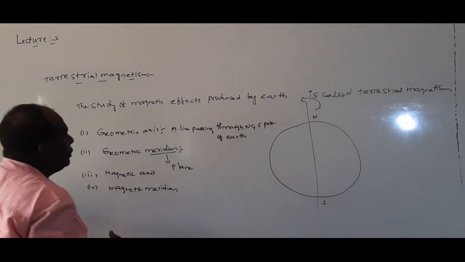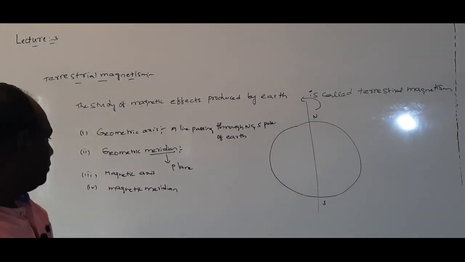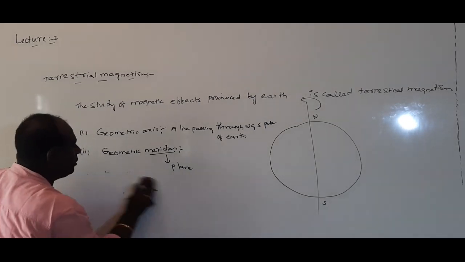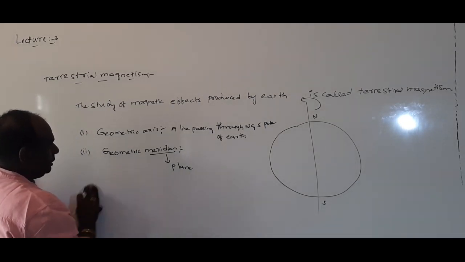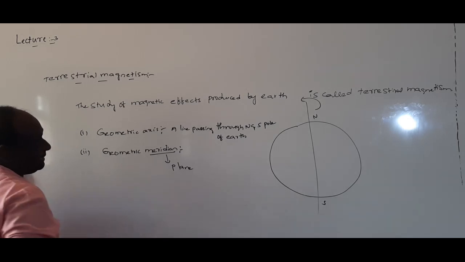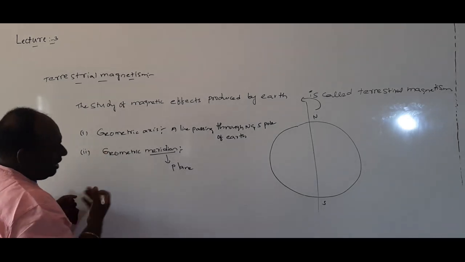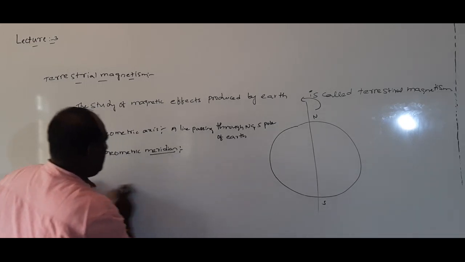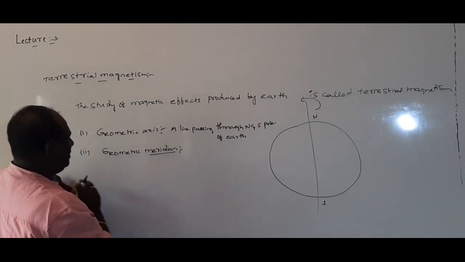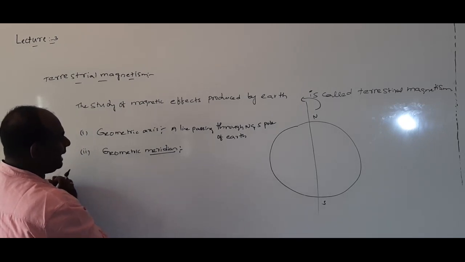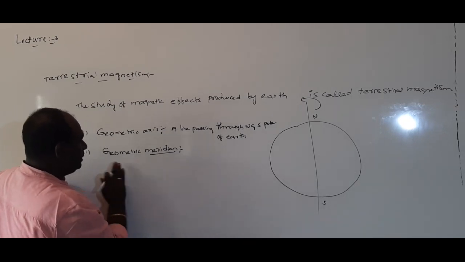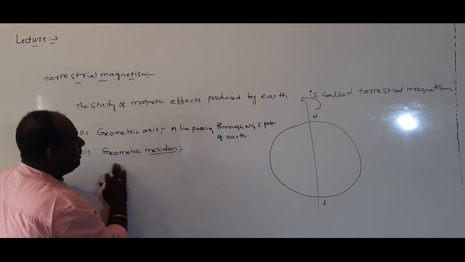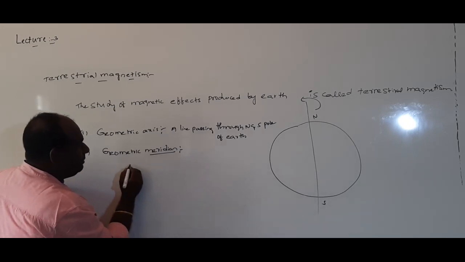Geographic meridian or geometric meridian, anything is right, there is no wrong. Geographic axis and geometric axis are the same, so don't get confused. Geographic meridian and geometric meridian are also the same. So what is meant by meridian here?